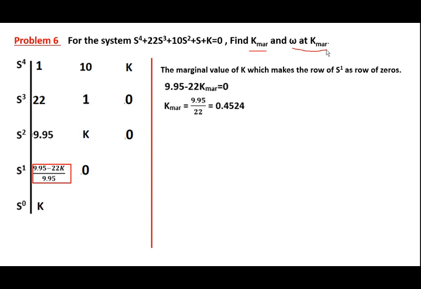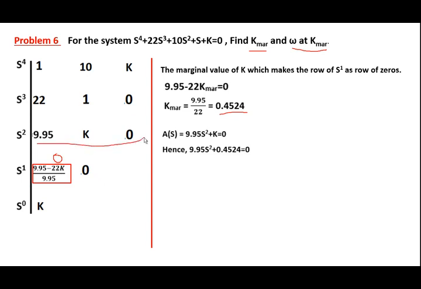Now we need to find out omega. How are we going to find out this natural frequency? If you substitute this marginal k value, this whole term will become 0. That means you'll be getting the row of zeros. According to the second difficulty, if you have any row of zeros, that is, all the elements in any row are zeros, then you should consider the auxiliary equation.